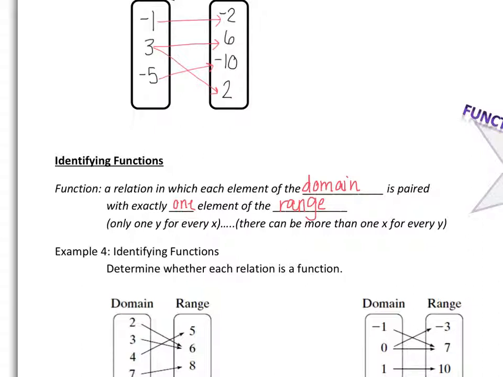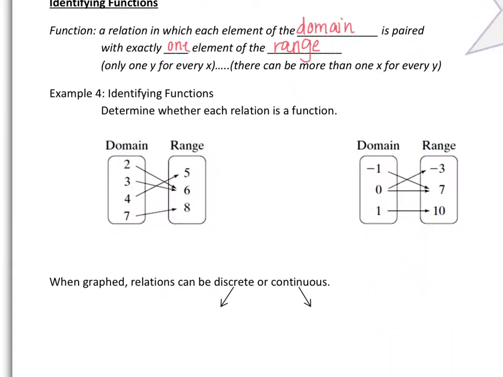Now, we say only one y for every x, but there can be more than one x for every y. It's a little confusing, but we're not worried about that; we're worried that there's only one y for every x. So let's look at these. We're going to look at a mapping first.